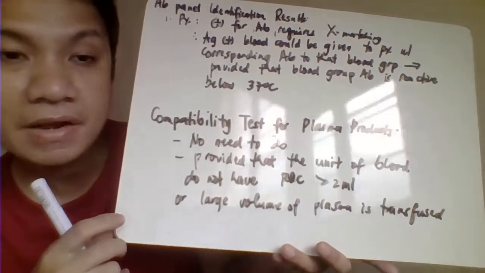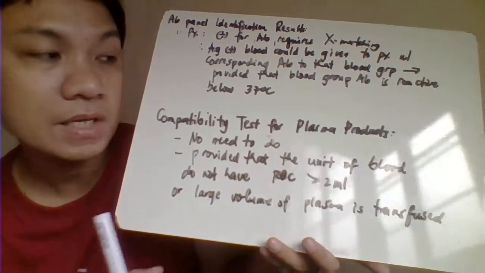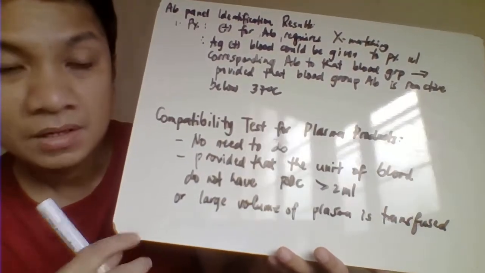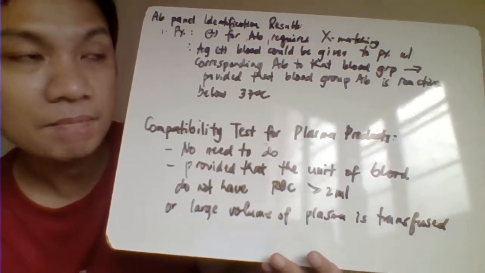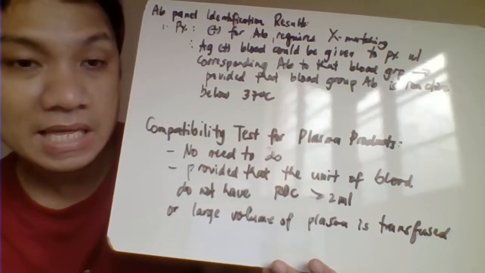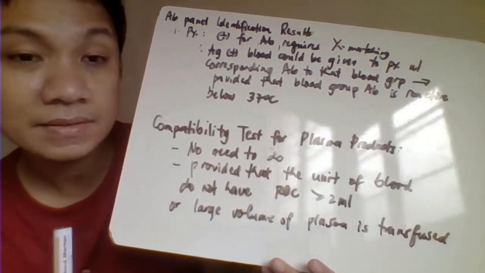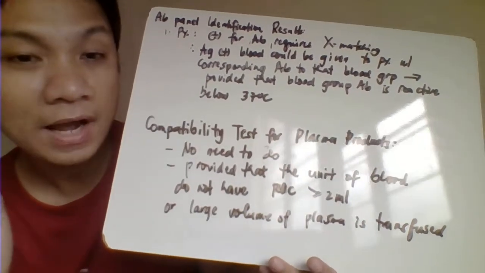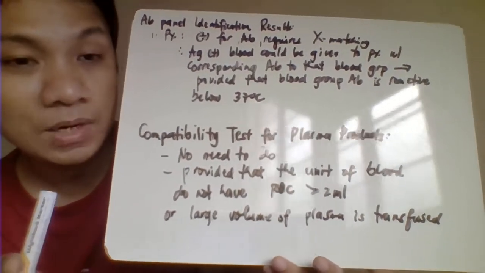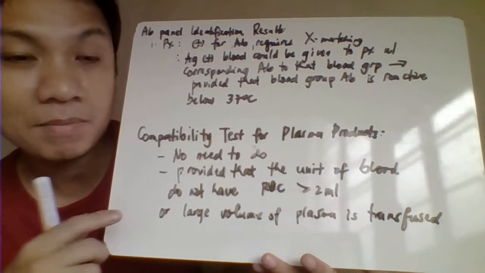Okay, then we have also here compatibility testing using your plasma products. Your plasma products include your fresh frozen plasma or even your platelet concentrate, wherein ang ating blood component na yan ay wala siyang red cell. So pag ganon, you can actually perform or not perform your compatibility testing.